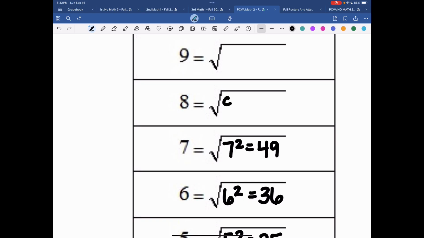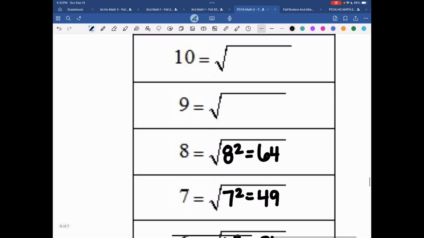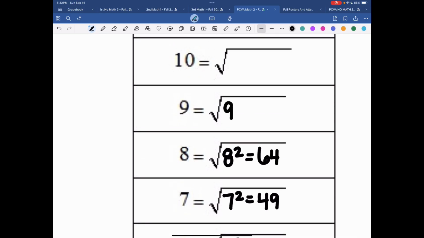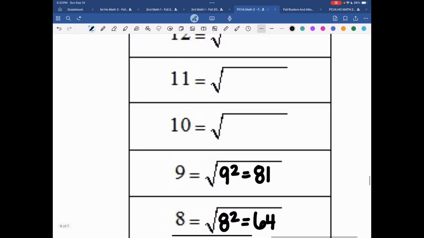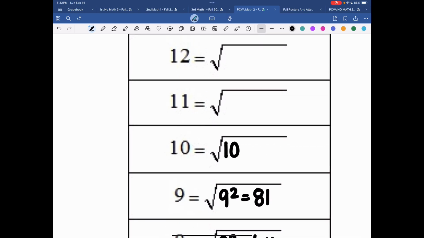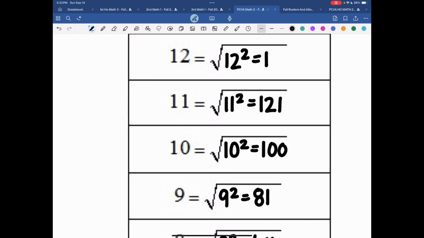And then we have 8 squared is 64. And then we have 9 squared, which is 81. 10 squared is 100. 11 squared is 121. And 12 squared is going to be 144.